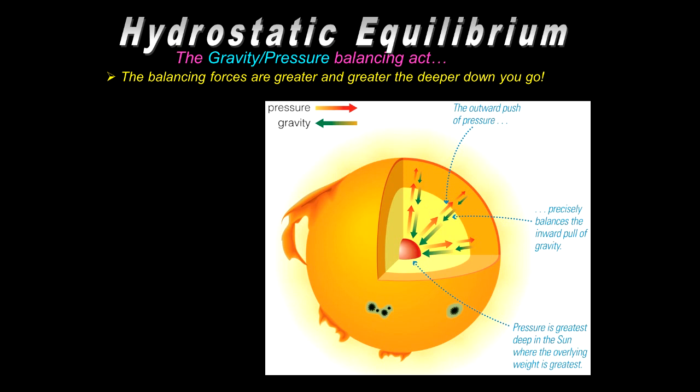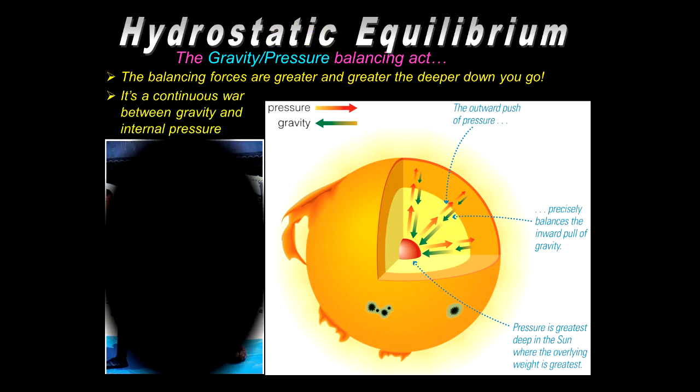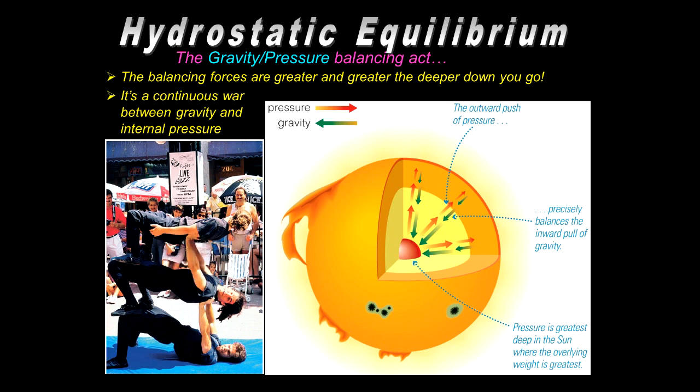Greater and greater are those forces the deeper you go into the core. It's similar to this little picture here of these performers, and it's pretty easy to see who's under the greatest pressure. This guy in the bottom obviously is, right? Because he has all the gravitational tug of what's above, plus on his back there's pressure pushing up to keep everything in balance. So that's a good illustration of what the sun is doing. Hydrostatic equilibrium.